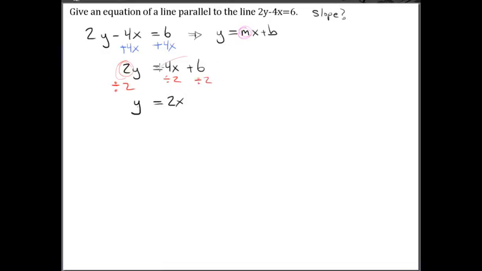Remember, we're dividing this entire side, everything divided by 2. So 6 divided by 2 is 3. That's our line. Y is equal to 2x plus 3. What's its slope? 2 is the slope. That's what we need to find our parallel line.